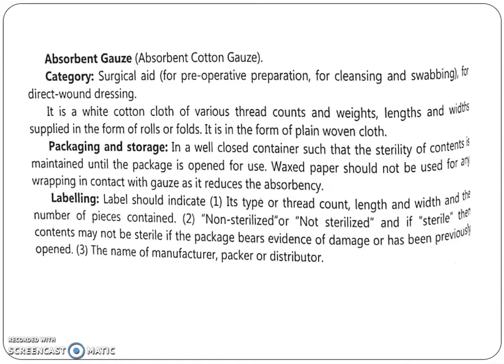Second, non-sterilized or sterilized, and if sterile, then the content may not be sterile if the package bears evidence of damage or has been previously opened. And third, the name of the manufacturer, packer or distributor. These three points should be strictly indicated in the label.